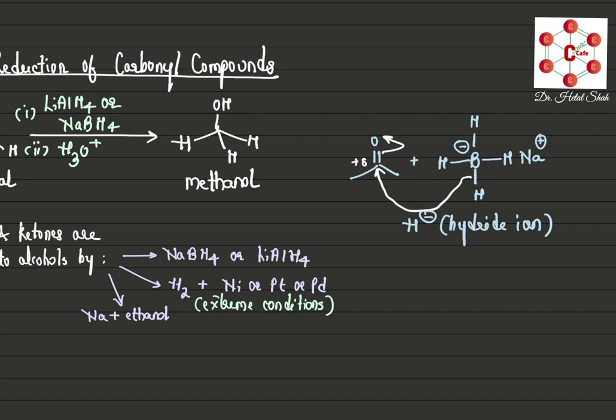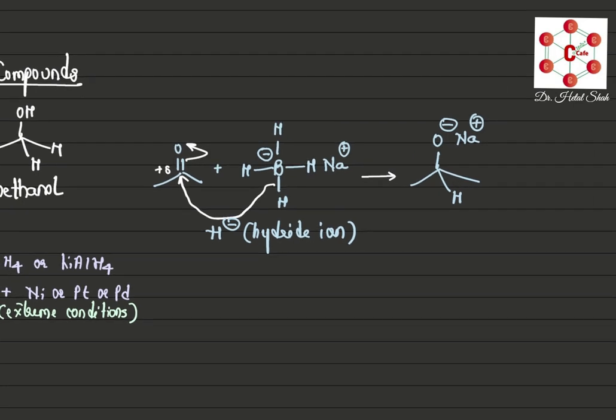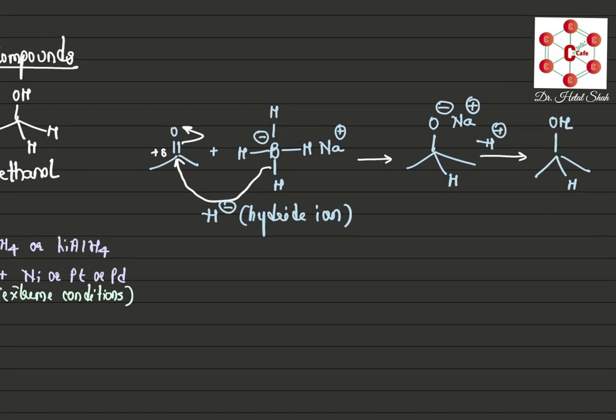And this would result in formation of an intermediate, the mechanism I have simplified, and this would further give me, in presence of H plus, my alcohol done. All good? So this is how it works.